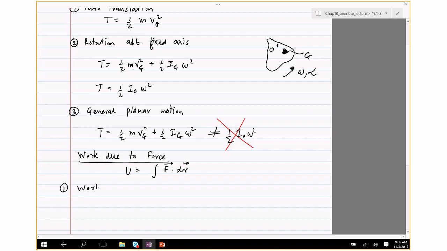Work due to gravity, as we've seen in the chapter on particles, is always minus mg delta y, where y is upwards. If the particle is moving upwards, then force is downwards and y is upwards, so it's going to be negative, and if it's downward, it's positive. This is the sign.